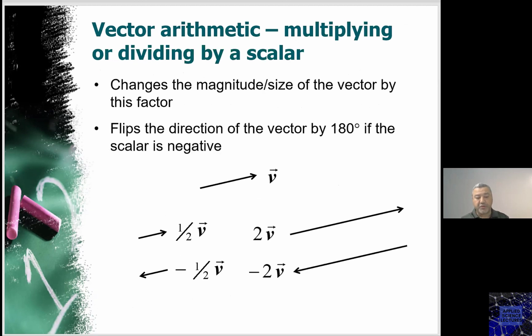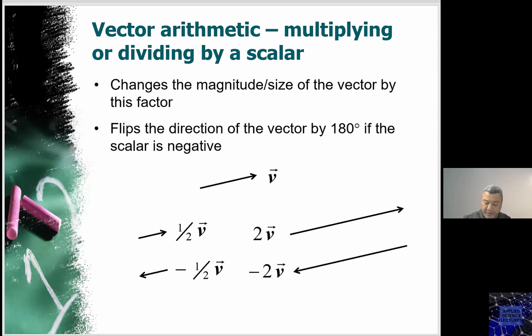Now, if I am to divide the vector by a positive scalar, in this case, only the magnitude will be affected. The direction will be the same. If I am to divide my vector with a negative scalar, then the magnitude will be affected and also the direction, because the negative here means that the direction is 180 degrees shifted, which means in the opposite direction.